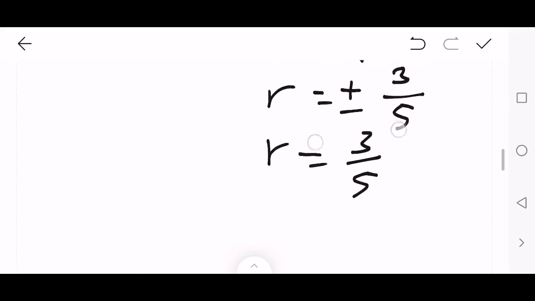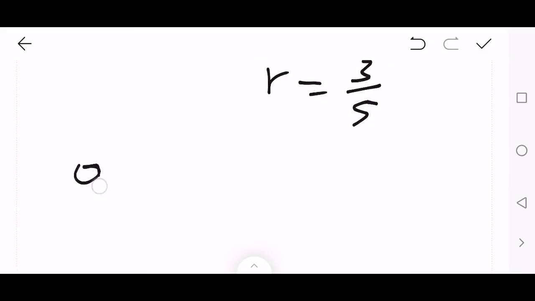Now, in order to get a, we can take any of the equations that we have established for a.